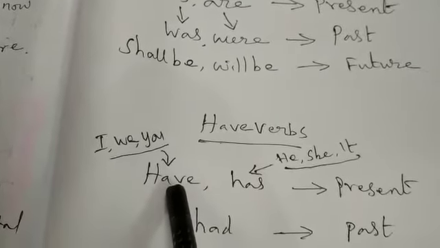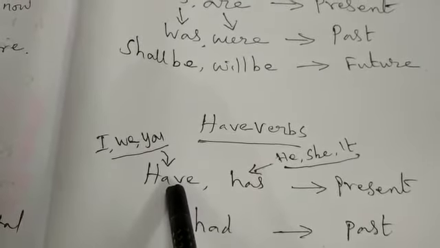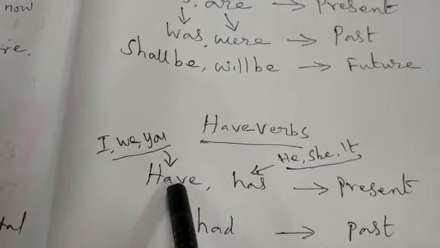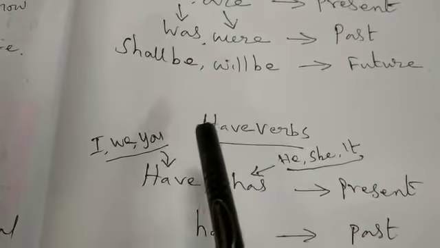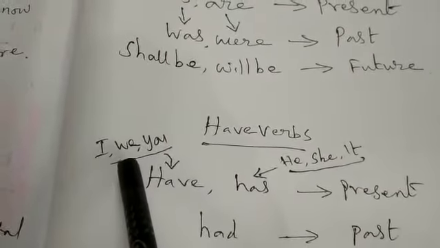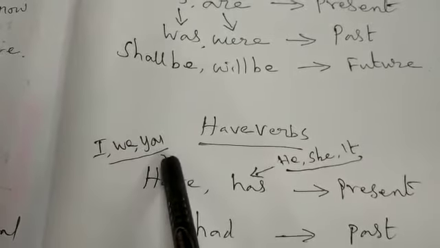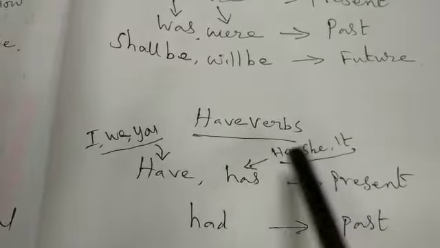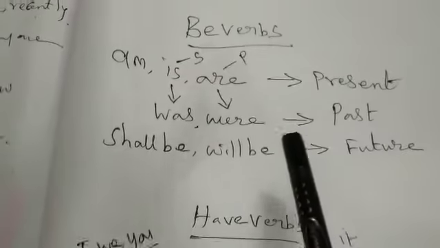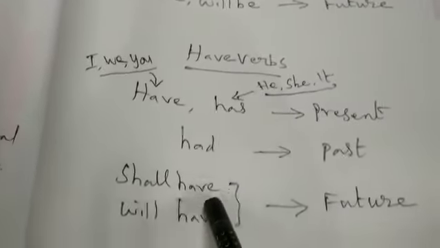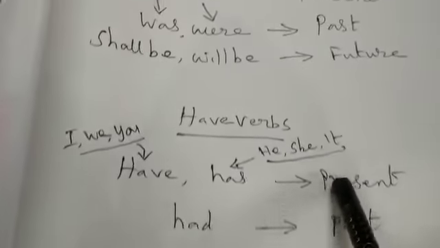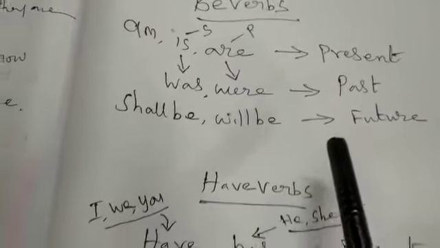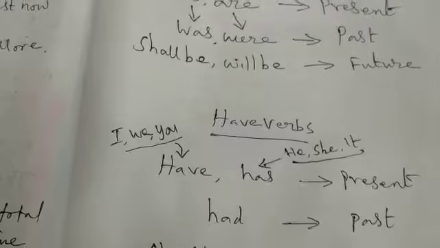So the verb have is considered plural: I, we, you. Has is considered as he, she, it, singular. So you must memorize these be verbs and have verbs before you go to continuous tense and perfect tense. Okay?